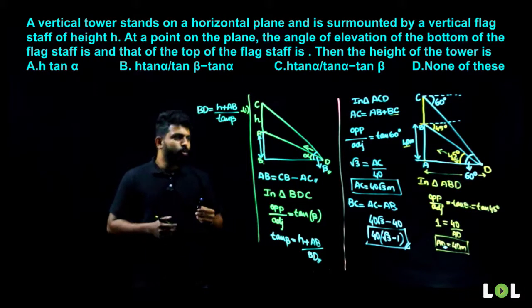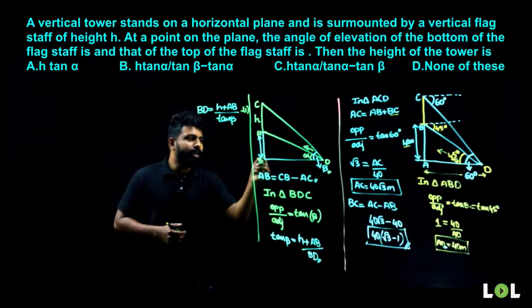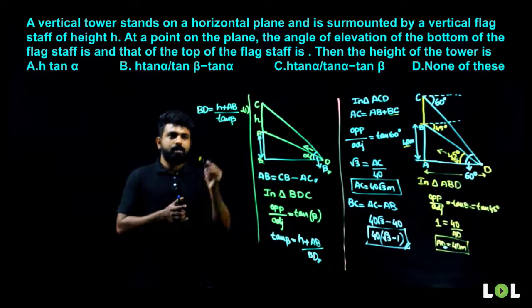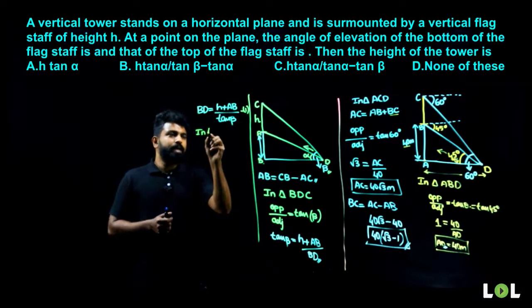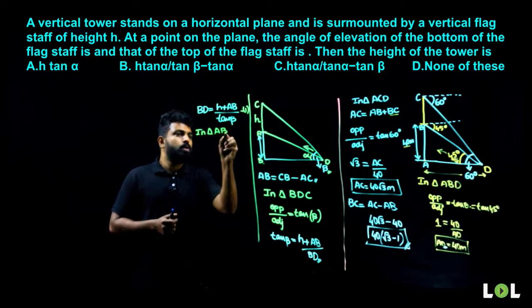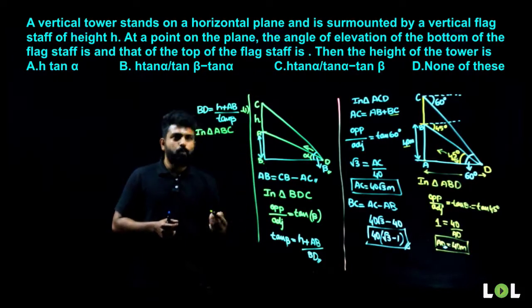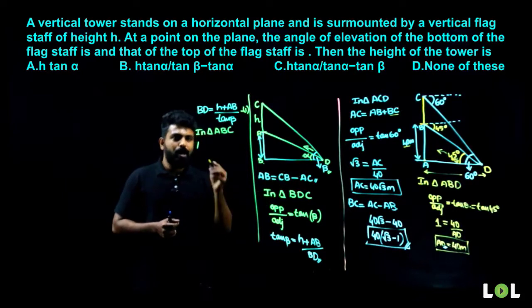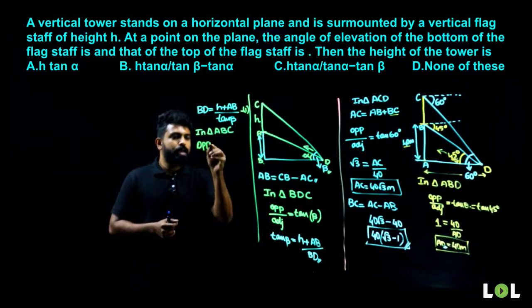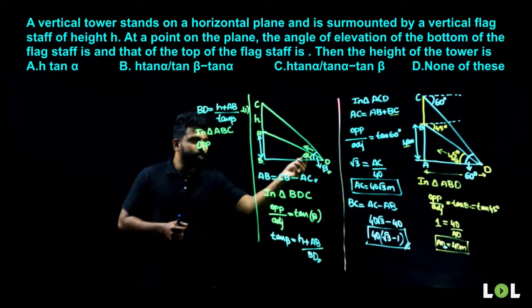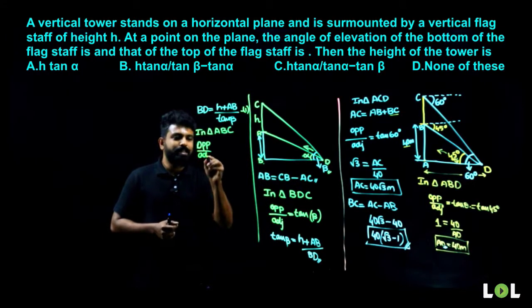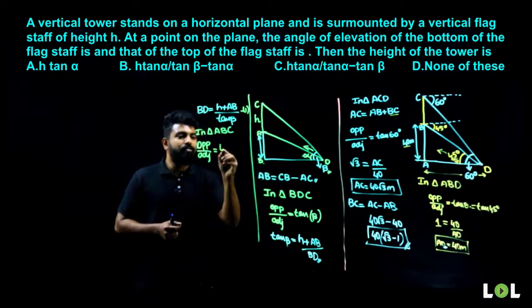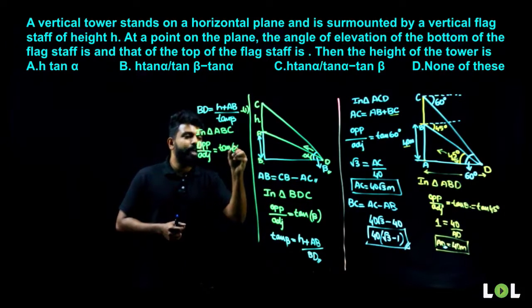Next, I'll take the smaller triangle, ABD. In triangle ABD, what do I need to find out? I need to find the value of AB. What is AB with respect to alpha? Opposite side. And BD with respect to alpha is the adjacent side. So it is tan theta, where theta here is alpha, so I'll have tan of alpha.